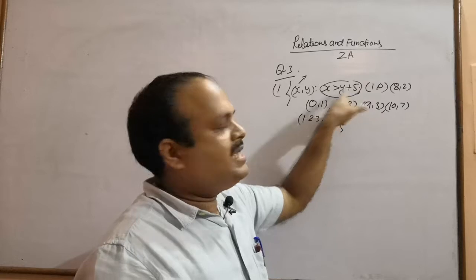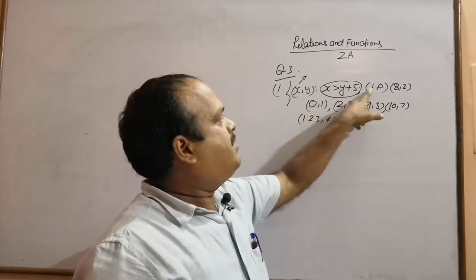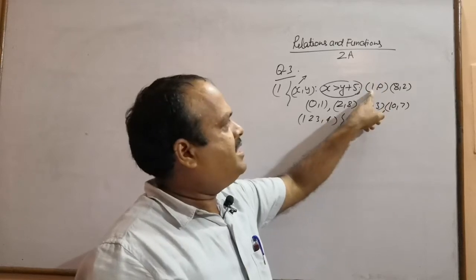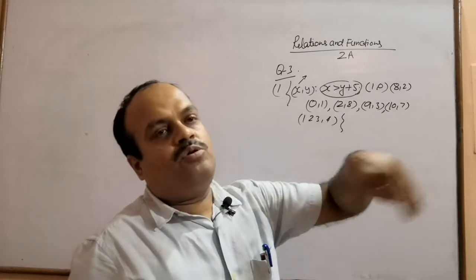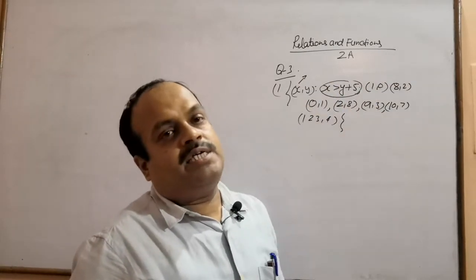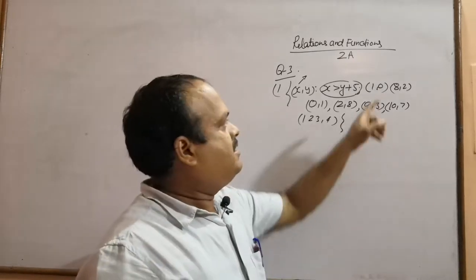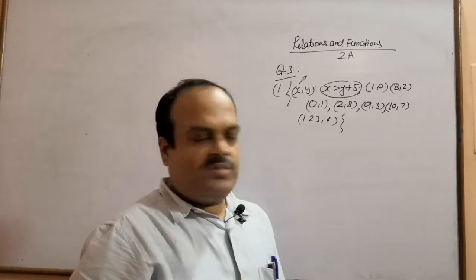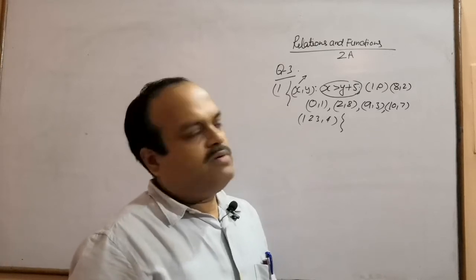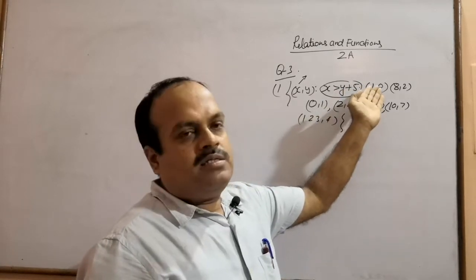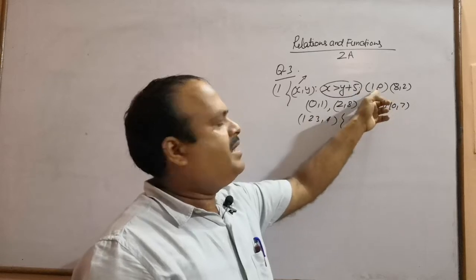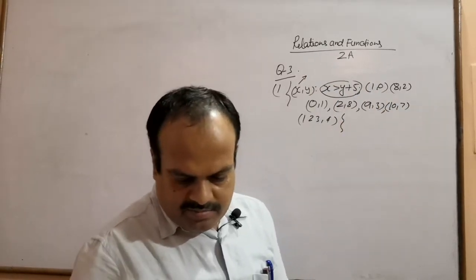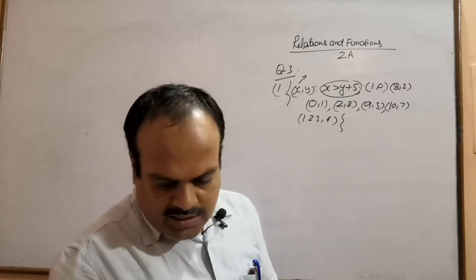So here the relation says the first entry should be 5 more than the second entry of every element. So is 1 5 more than 0? No. So that's why this ordered pair cannot belong to this relation.